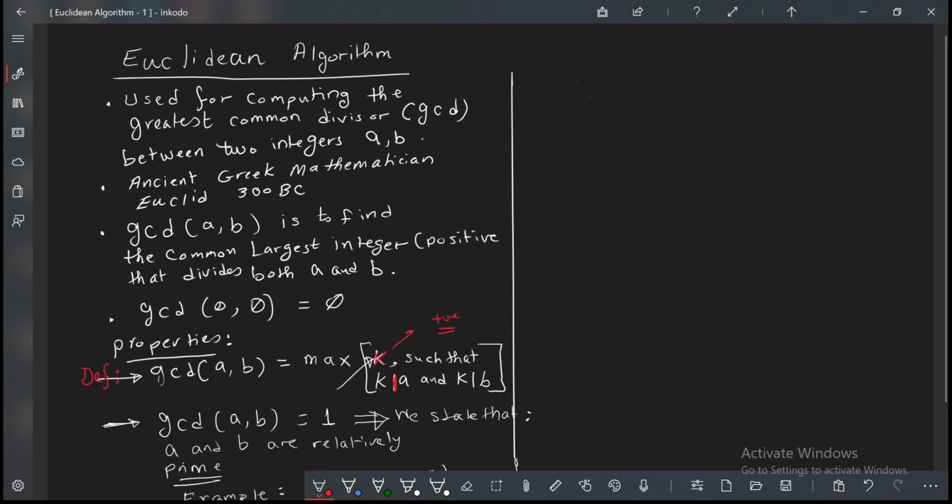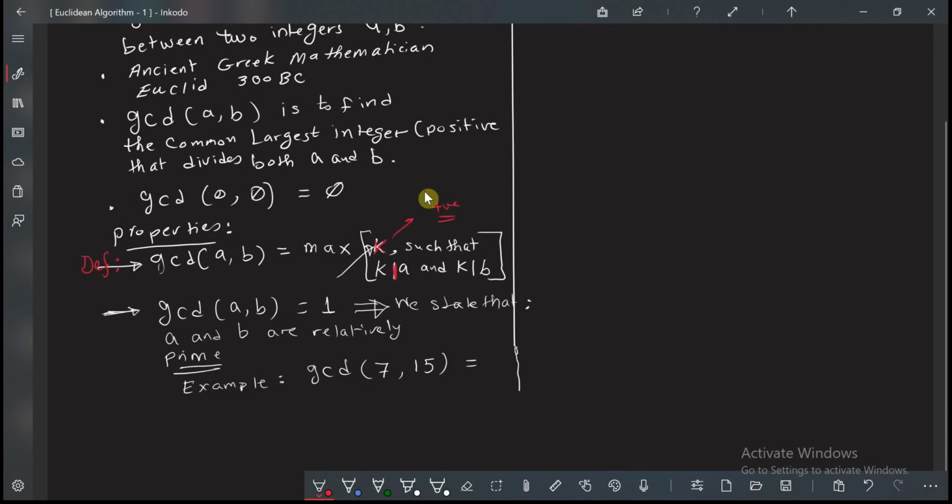Now, there is another property that is also going to be very important and essential. I'm going to run a separate video on it. When the GCD between two integers a and b is equal to 1, so the largest common divisor between them is 1, we can state that a and b are relatively prime.